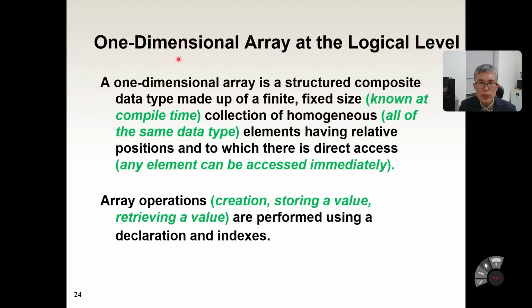Okay, let's move on. Arrays: the one-dimensional array at the logical level. A one-dimensional array is a structured composite data type made up of a finite, fixed-size collection, known at compile time, of homogeneous elements, which means all items are of the same data type, having relative positions from the beginning of the array and to which there is direct access.